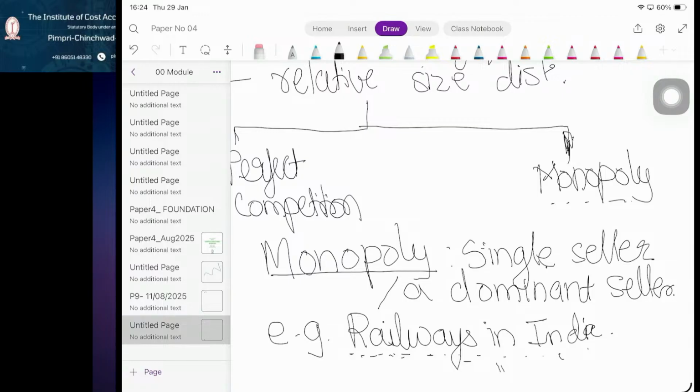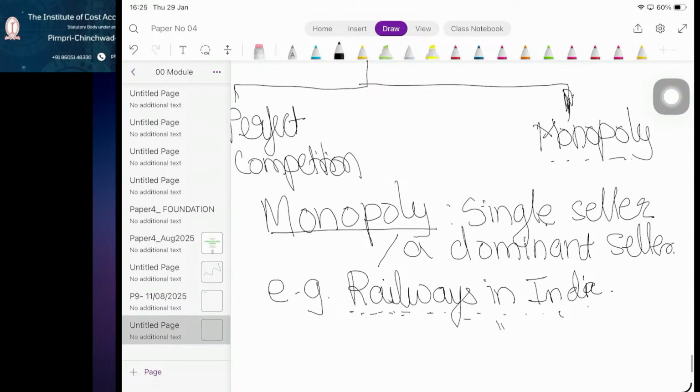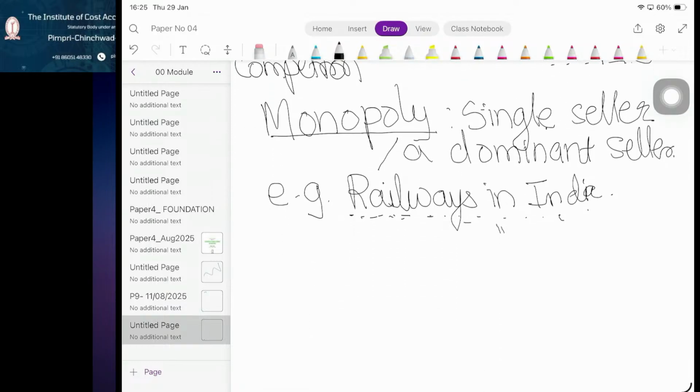Or an even better example: at one time in India, if you wanted to make a phone call, only one phone service was available. Which one was it? Maybe when your parents were young, there was only one phone service available. Which company was providing telephone service? No, not the handset, I'm saying the service. BSNL, correct. BSNL and its affiliates. So this was a monopoly and nobody else had a license. Now you have multiple sellers.